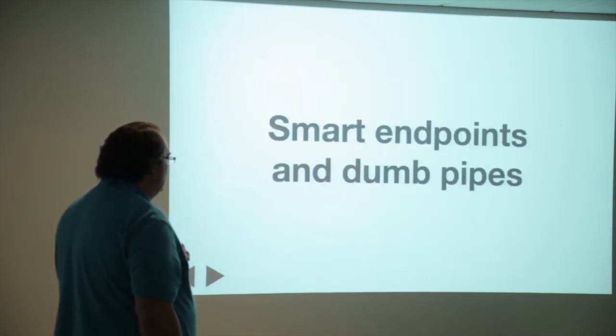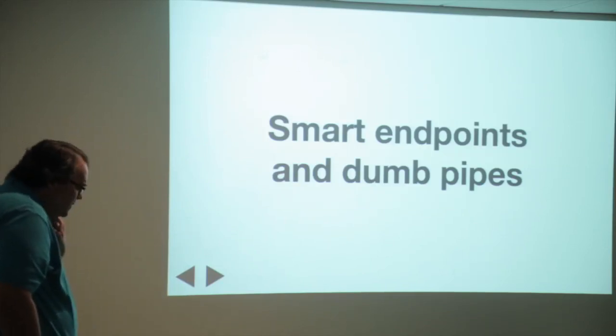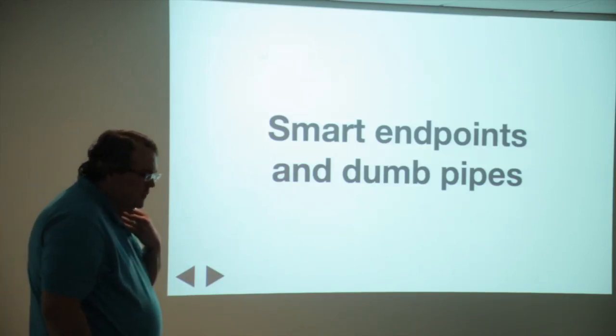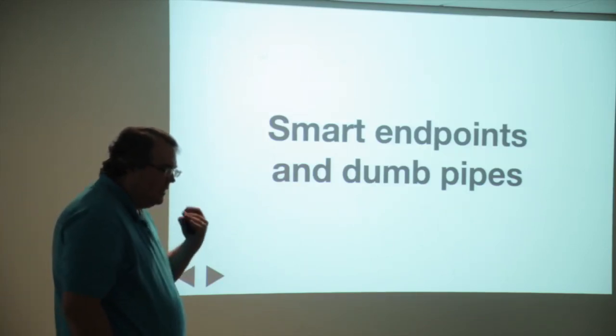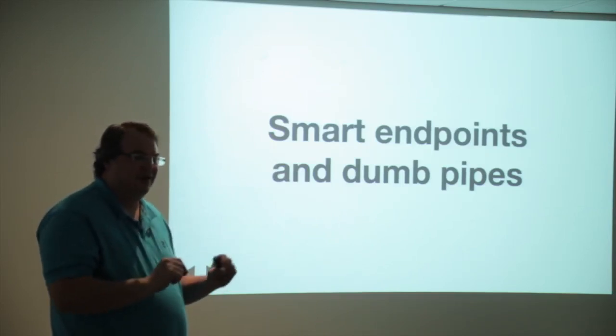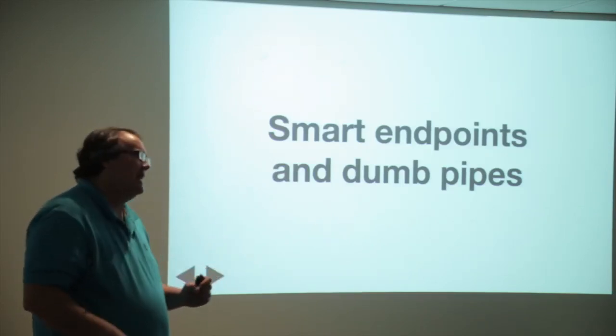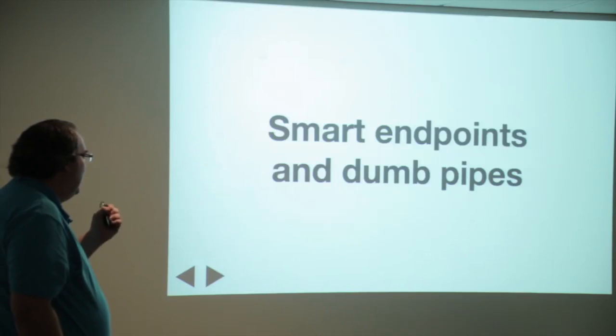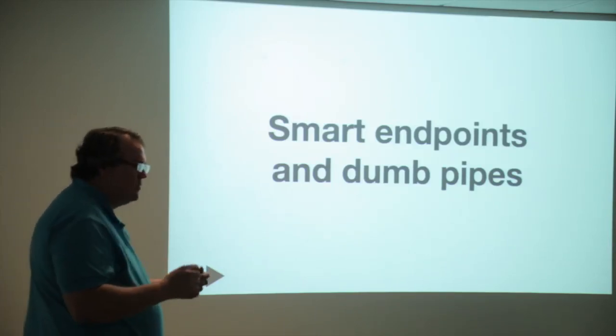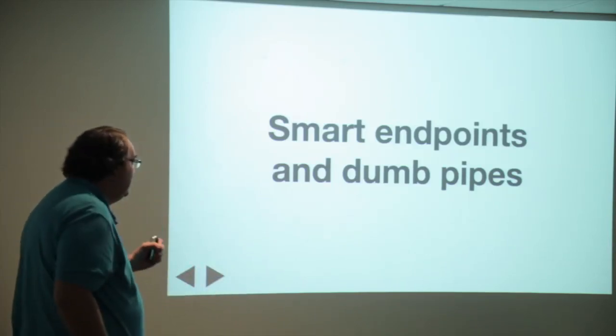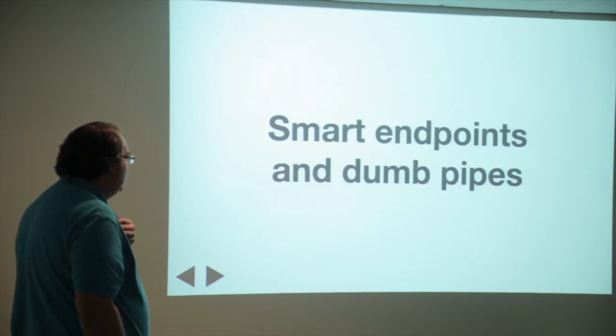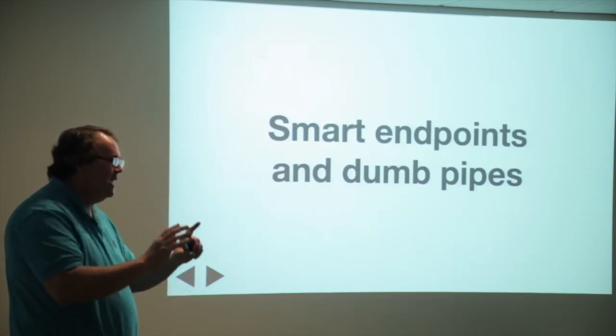The other one is smart endpoints and dumb pipes. A lot of times people read microservices and they think SOA, service-oriented architecture. And I think the key difference between microservices and service-oriented architecture is that, in my opinion, service-oriented architecture had smart pipes, right?